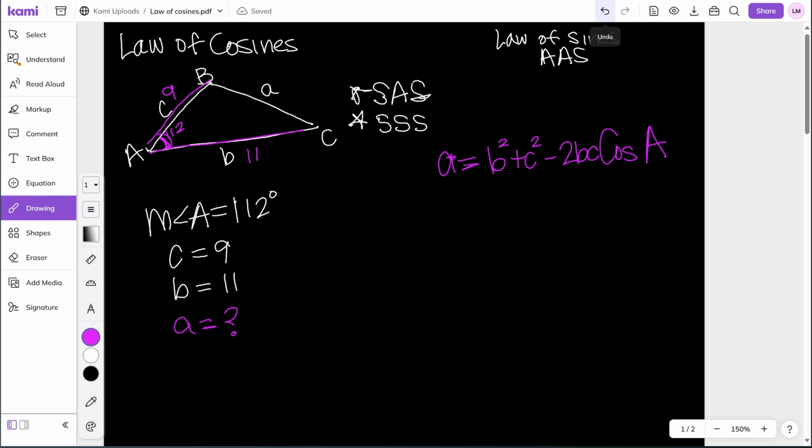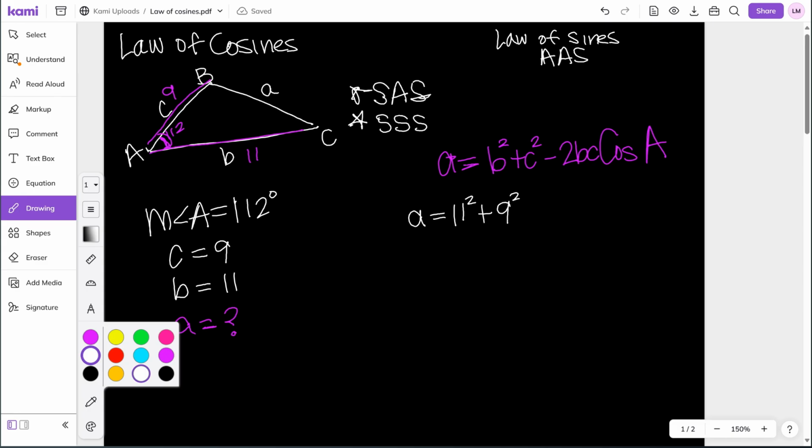So let's fill in what we know. I don't know side A, but I do know that B is 11 and that C is 9. And then I have minus 2 times 11 times 9.